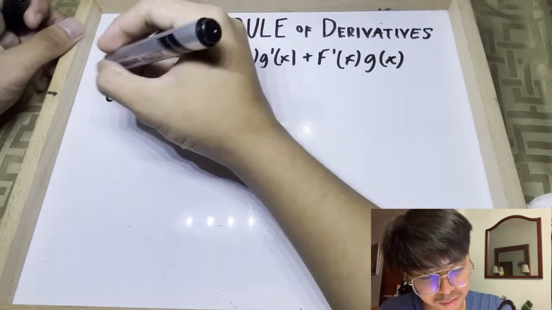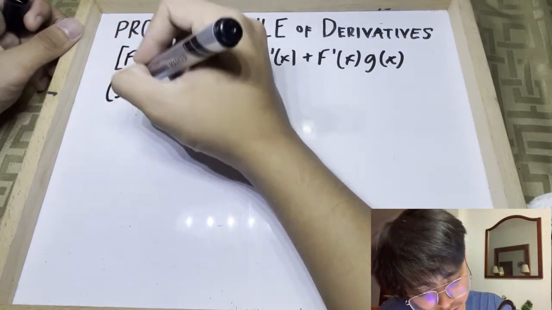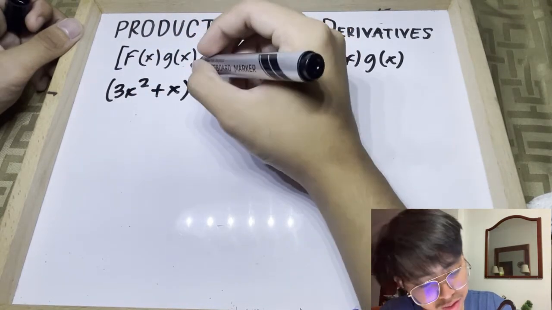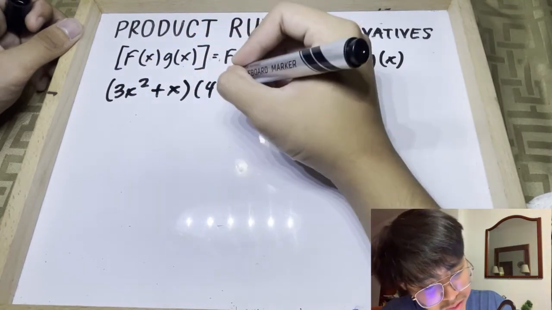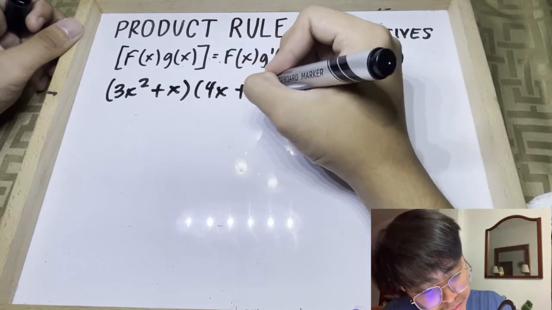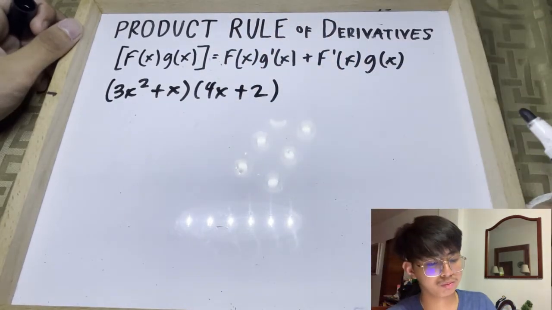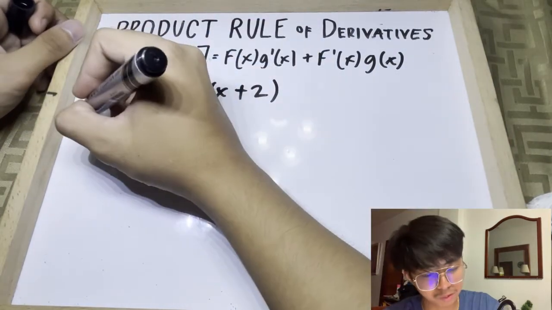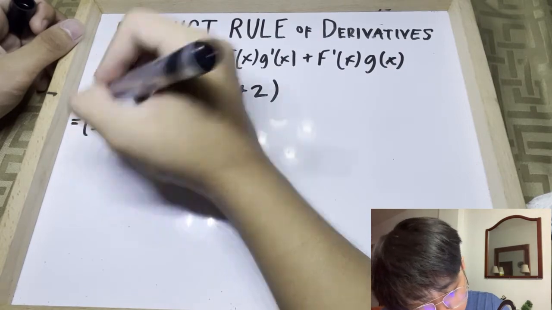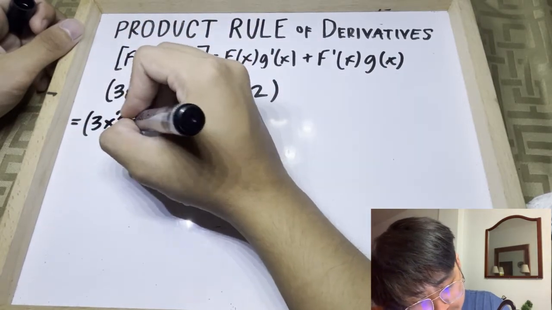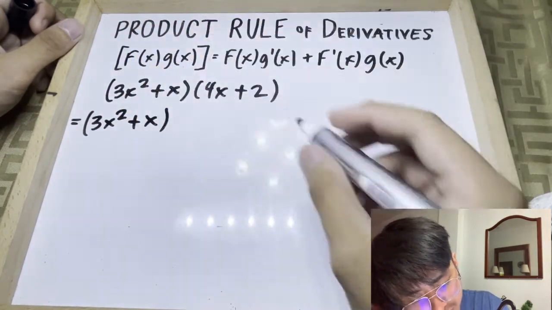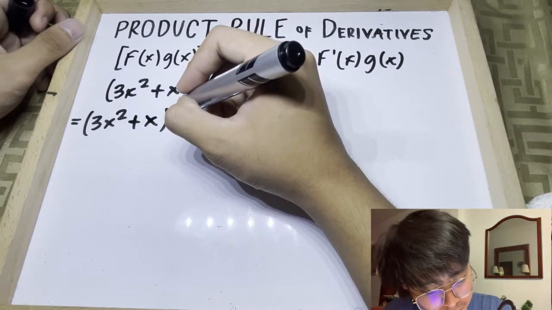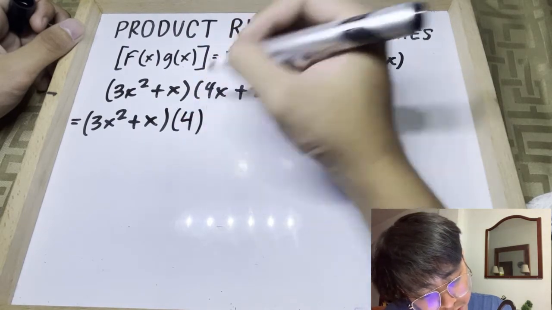Here is another example. 3x squared plus x times 4x plus 2. Now we do it again. First step, we copy the first term, which is 3x squared plus x, and then get the derivative of the second term, which is 4.